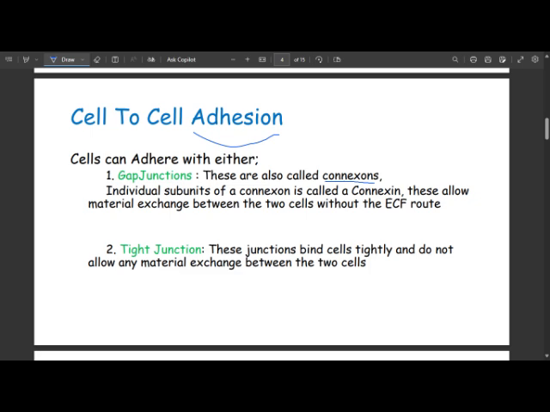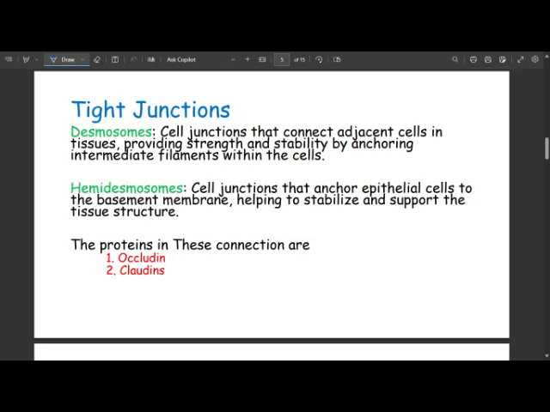Then, when it comes to tight junctions, on the other hand, these junctions bind cells tightly and do not allow any material exchange between the two cells. Okay, so let's explore further these tight junctions. We have desmosomes and hemidesmosomes. These are cellular junctions that connect adjacent cells in tissues, providing strength and stability by anchoring intermediate filaments within the cells. Okay, so you're going to have an arrangement which is sometimes described as a spot weld.